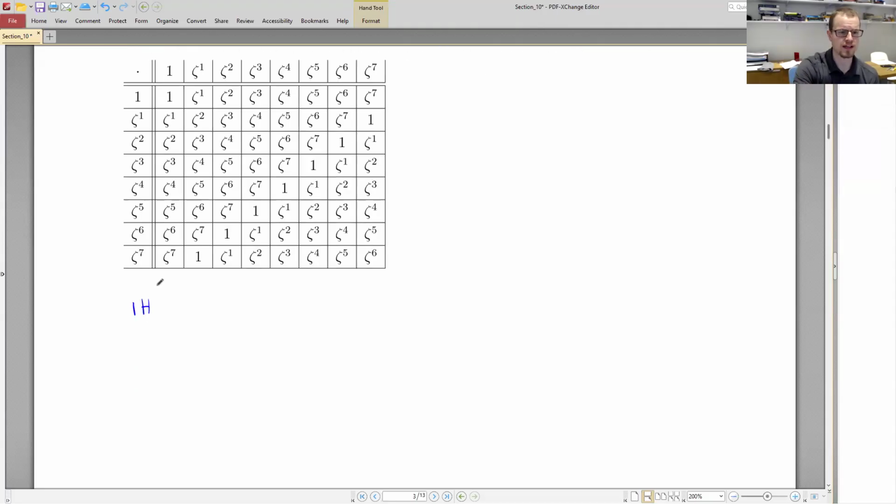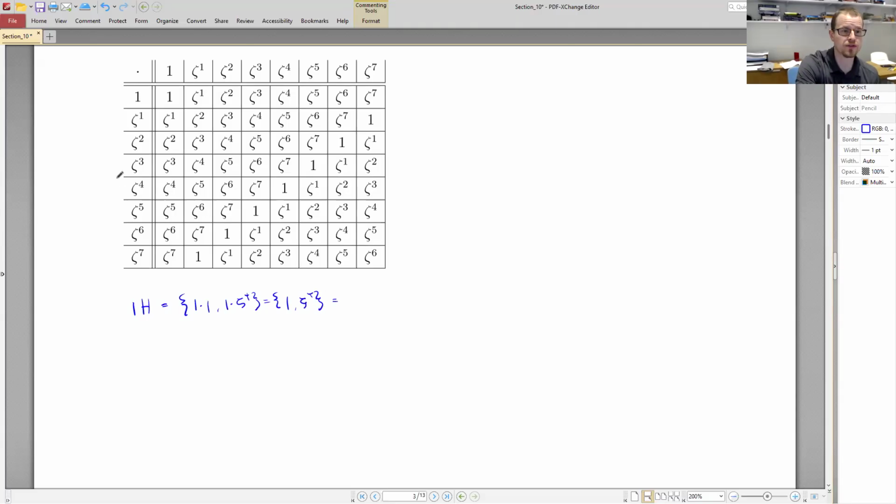So 1 times H, in its most basic sense, all I'm doing is taking each of the elements and multiplying by 1 on the left. So 1 times H contains the elements 1 and zeta to the fourth power. Of course, that doesn't do anything, so that's just 1 and zeta to the fourth power.